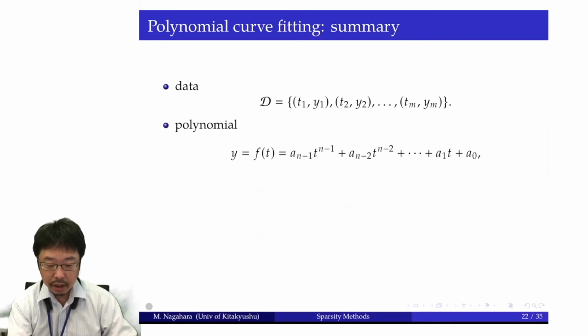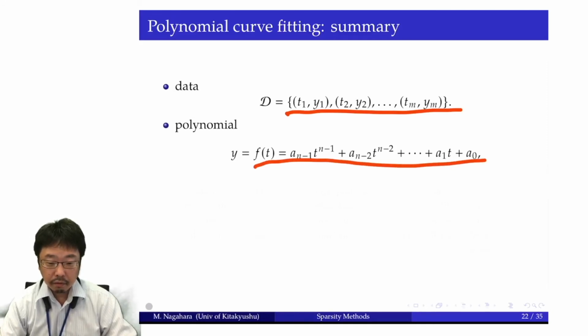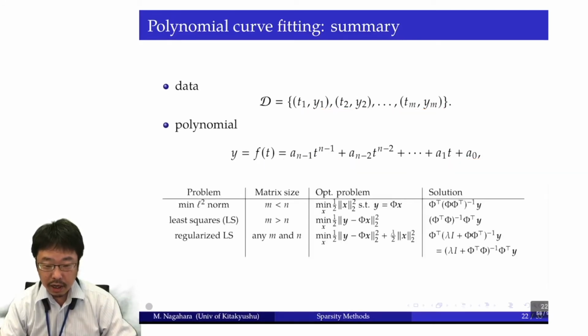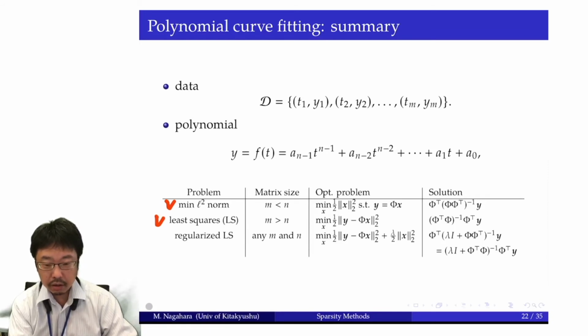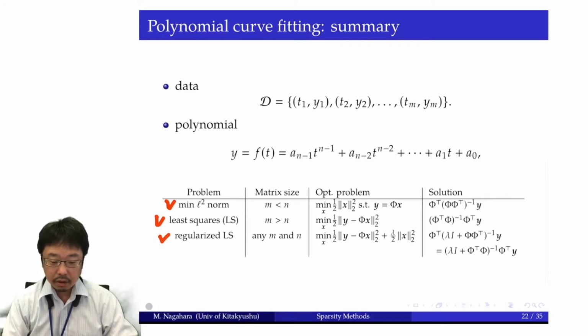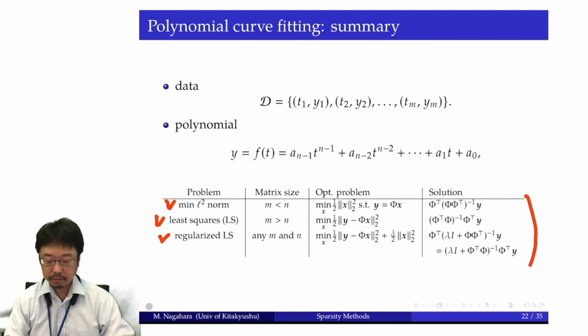Given data D, we find a polynomial that fits the data. We have studied 3 kinds of curve fitting, namely minimum L2 norm, least squares, and regularized least squares. They all have closed form solutions like this.